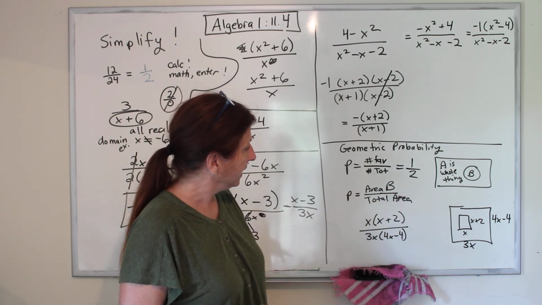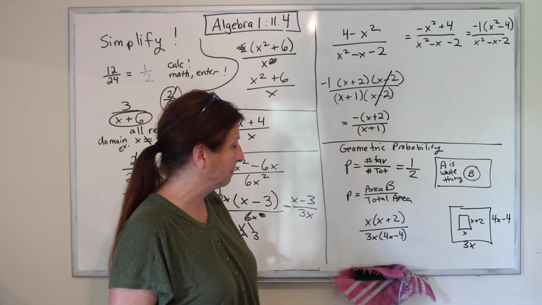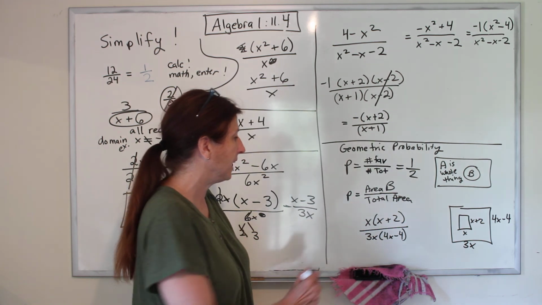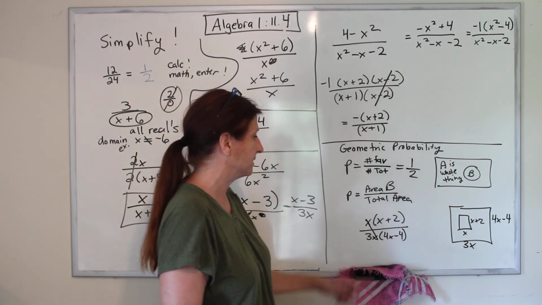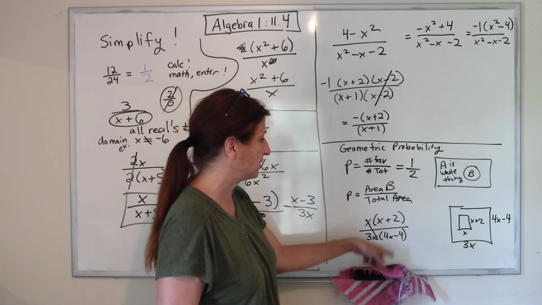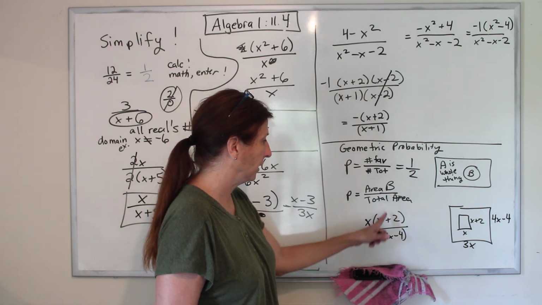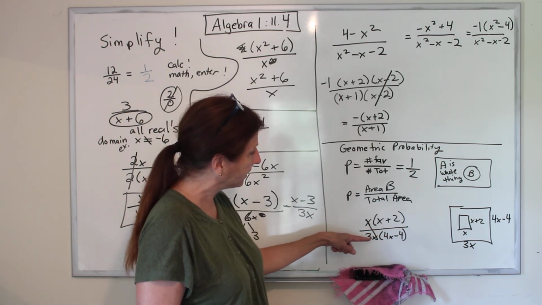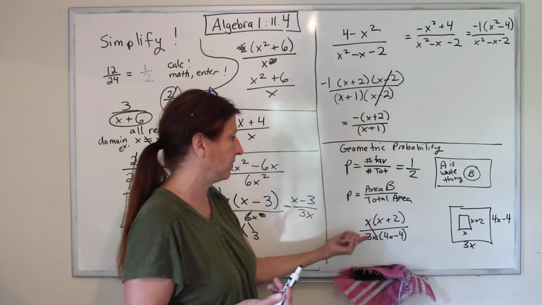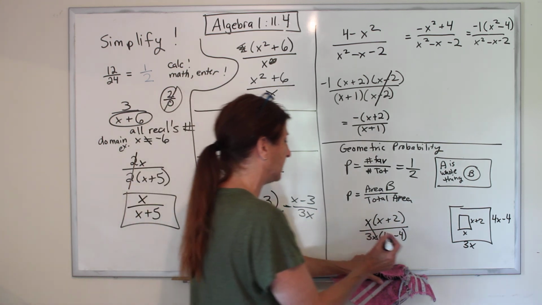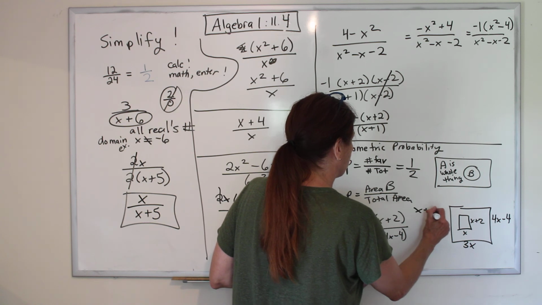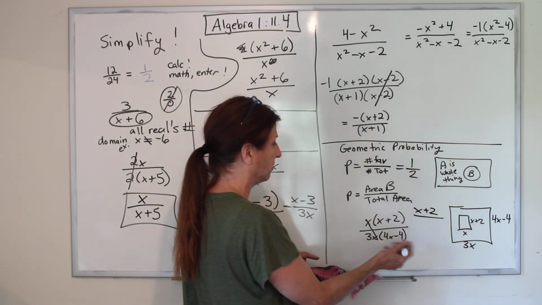And this is my geometric probability. Can I mark anything out? Only those x's, because those are attached with plus and minus. I could pull a 4 out of this, and then it would be 12 on the outside. But it's x plus 2 in the numerator, nothing you can do with that.